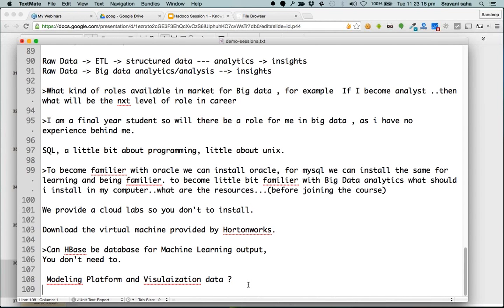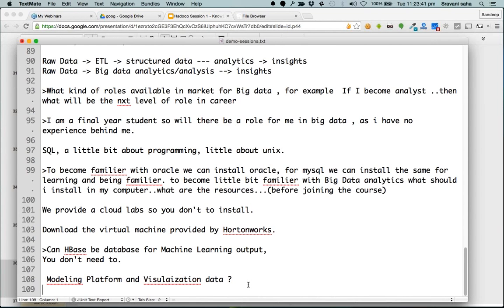Yes, for modeling platform, if you suspect that your data will be modified continuously, then you can go ahead with putting it into HBase. But for visualization data, you generally don't keep it in HBase, because when you generate visualization insights, the outcome of visualization insights is very small.